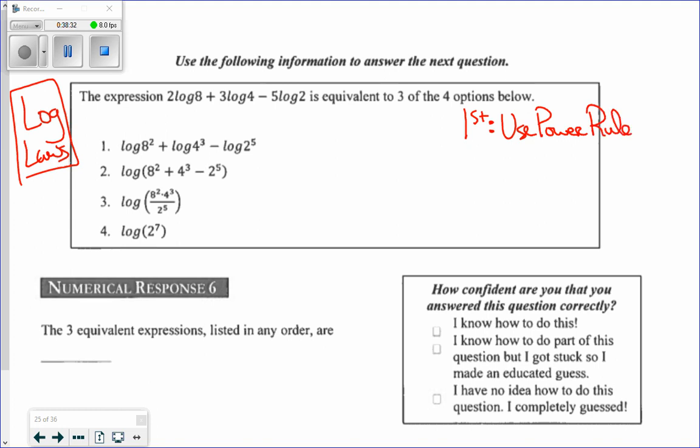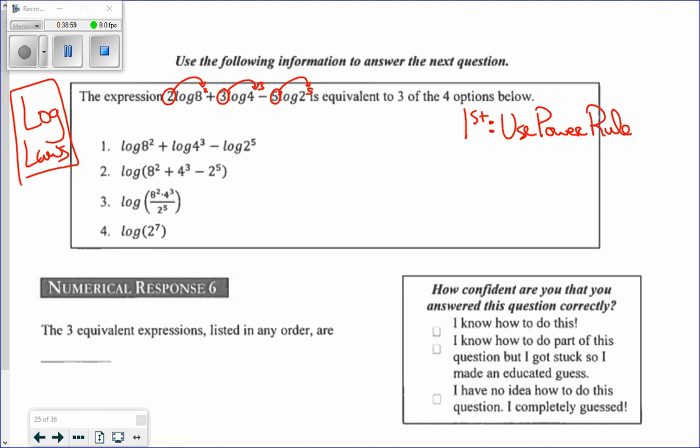I'm going to do each of these in a different color so you can see what order I'm doing them in. So the first thing that you have to do is take any number in front and kick it back to the power position. So any number in front, kick it back. Now, if there is a subtract, you leave the subtract alone and you just kick back the 5.